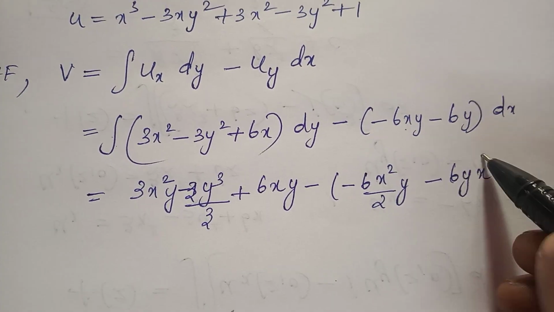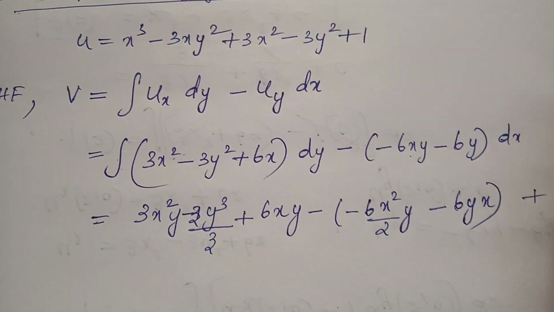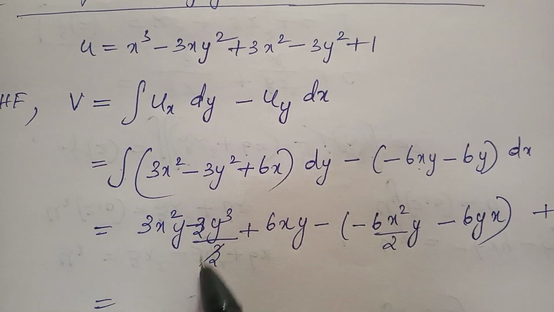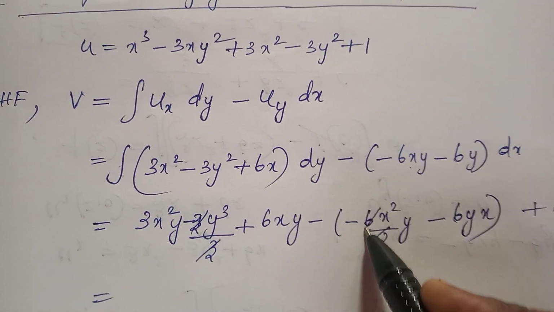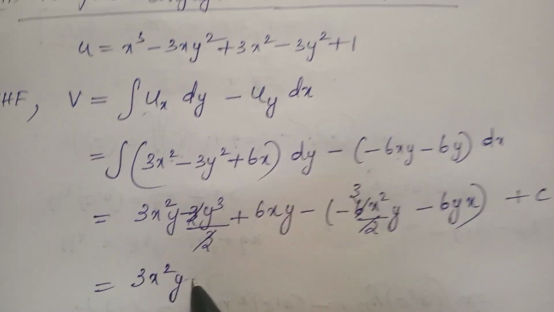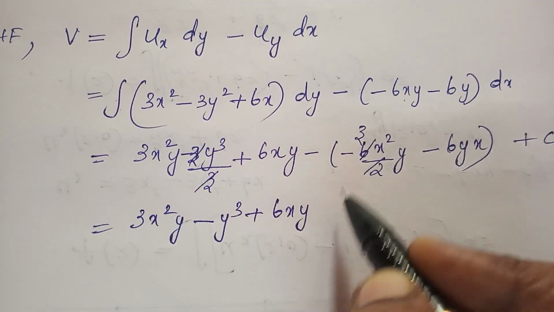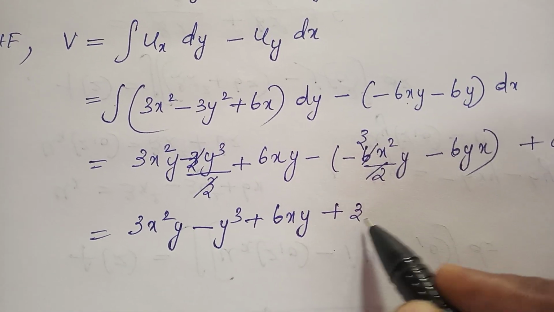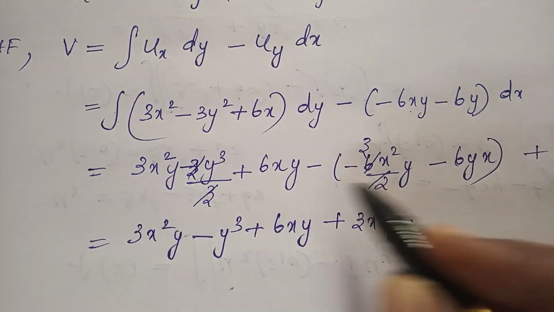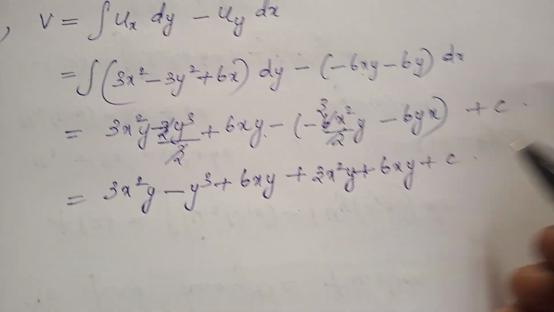Integral of dx is x. This you have to integrate with respect to y, and this with respect to x, plus a constant c. And here this 3 gets cancelled, and here this also you can cancel. So you'll be getting 3x square y minus y cube plus 6xy, and this minus into minus is plus 3x square y, and here minus into minus is plus, again 6xy, plus a constant c.